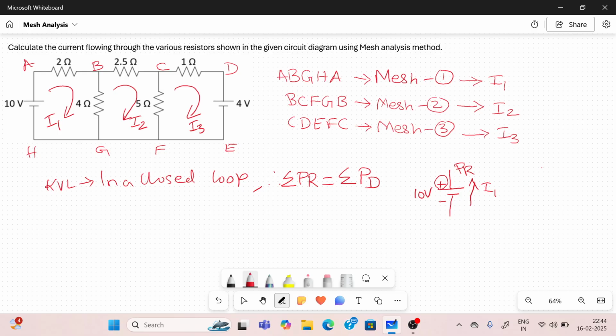The same thing with another voltage source, where the current flowing through it is I3. Now the current flows from higher potential to lower potential, so it is a potential drop.